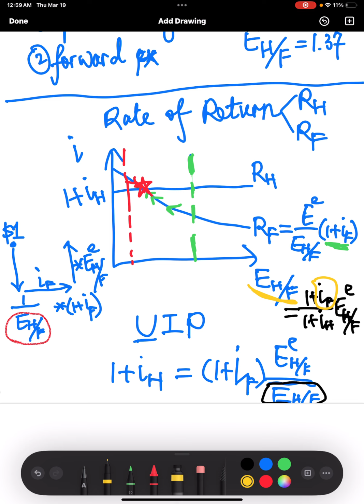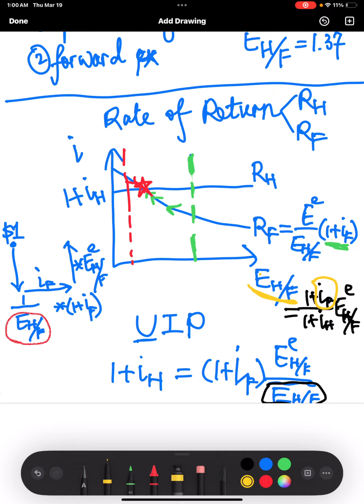This can be intuitive, right? Whenever the foreign interest rate is high, then just to offset this advantage, this arbitrage opportunity, you have to depreciate your currency to offset this gain from the foreign interest rate.